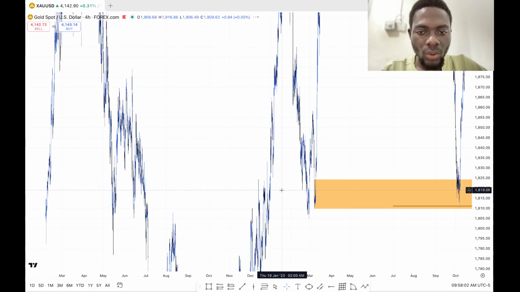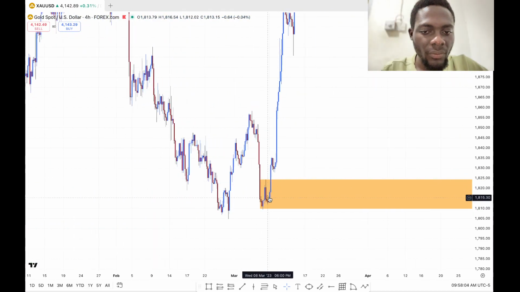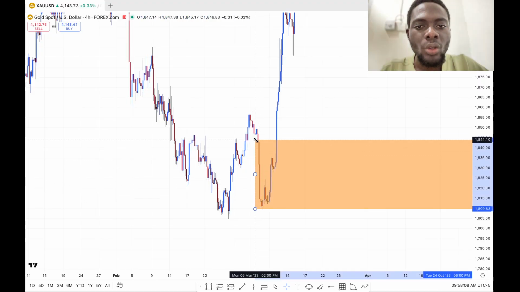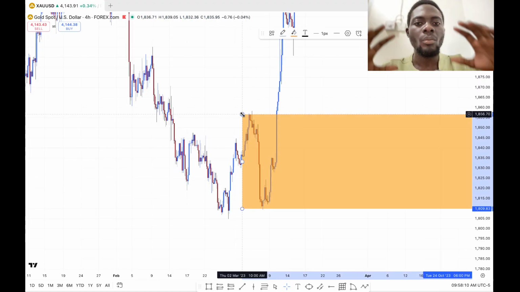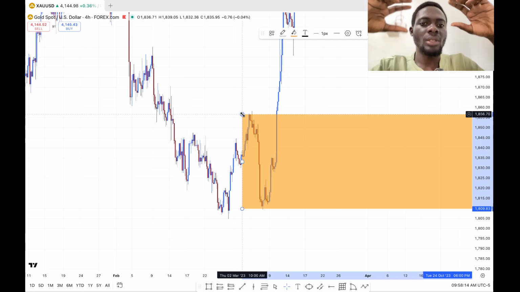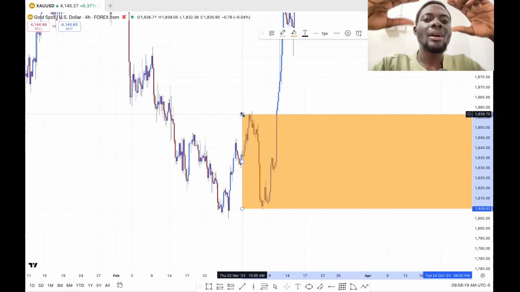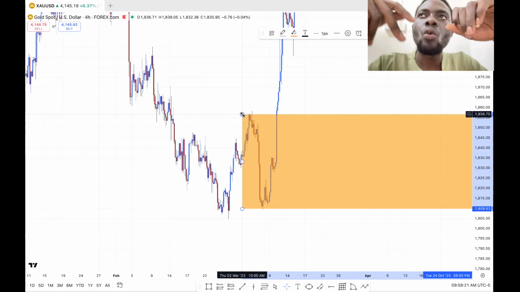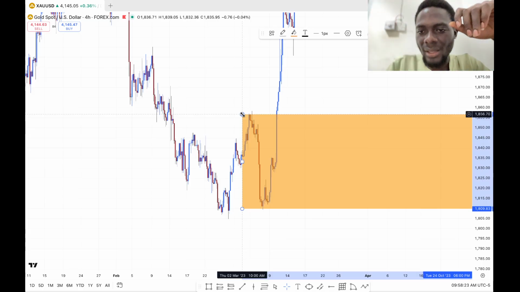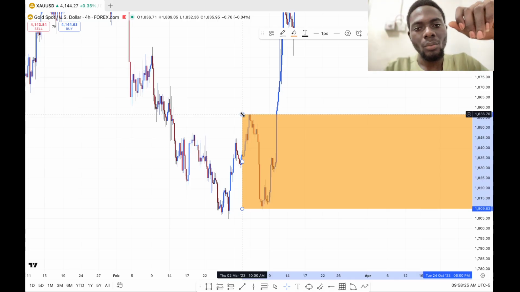Consolidation. And that level is this same level. It's also an order block. We validate it as an order block because it was in the higher time frame, a huge order block. You understand? So the order block, immediately you catch it, you know that on the lower time frame, it can go deep. It can even go to the last point of that order block before it goes up.